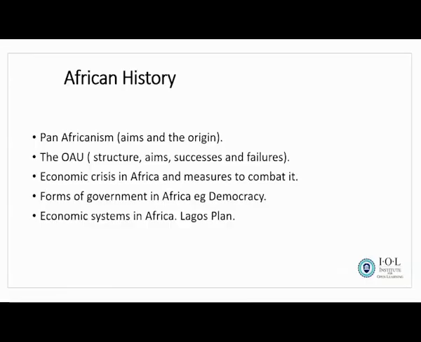You are also expected to know the economic crisis in Africa and the measures to combat it. A crisis is an ongoing problem. Many a time, students get confused between economic crisis and economic systems.